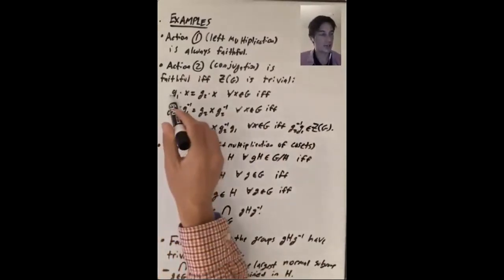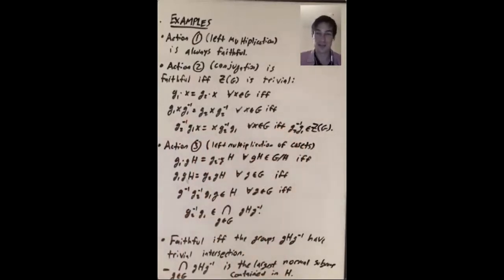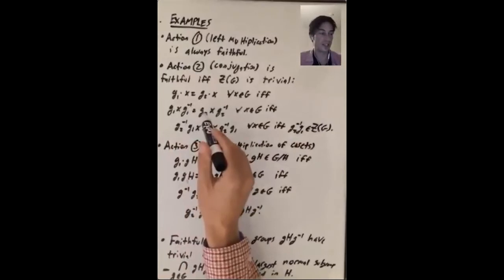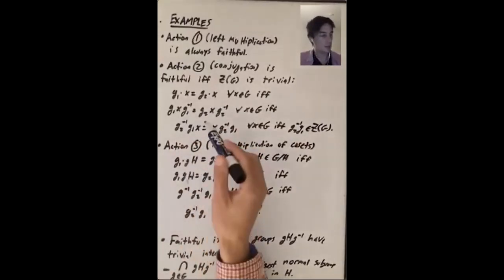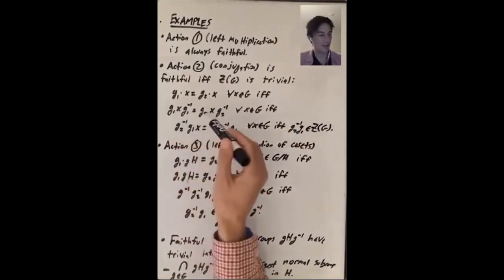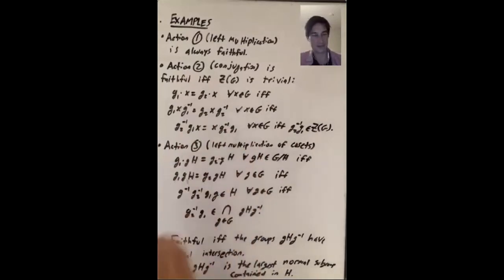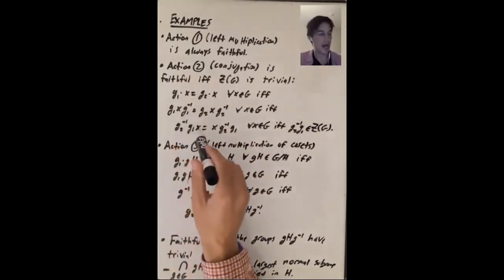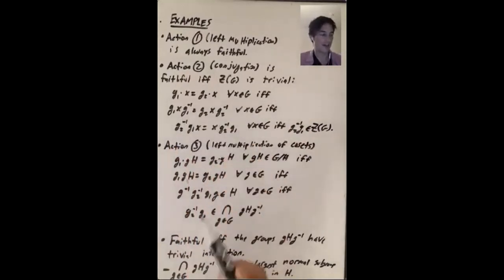What does it mean for g1.x to be equal to g2.x for all x in G? Well, that just means g1 x g1 inverse equals g2 x g2 inverse for all x in G. And just moving things over, moving g2 over to the left side and g1 inverse over to the right side, we see that this is equivalent to saying g2 inverse g1 x equals x g2 inverse g1 for all x in G. So what does that mean?